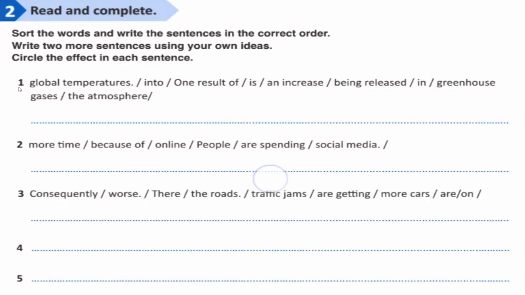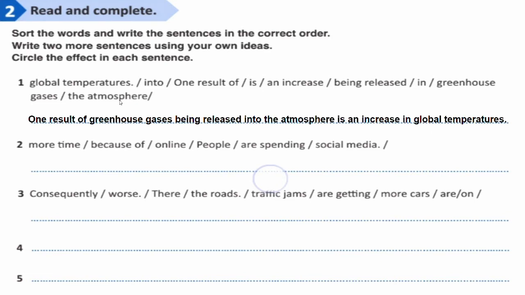Global temperatures, we have a full stop. This means that it comes at the end. One result of, we have a capital letter, which means that this is the beginning of our sentence. An increase, being released, in greenhouse gases, the atmosphere. So, this is the correct answer.